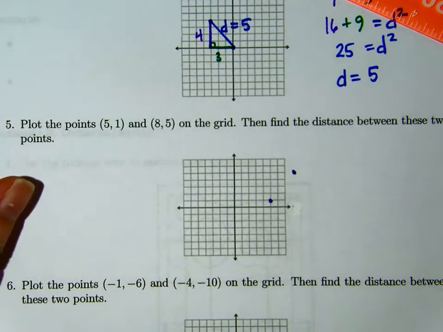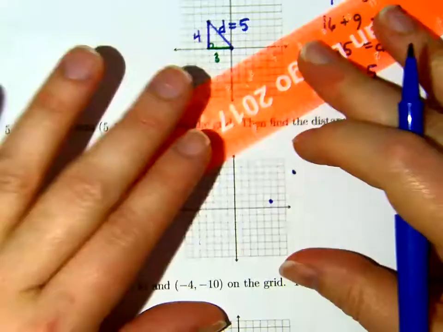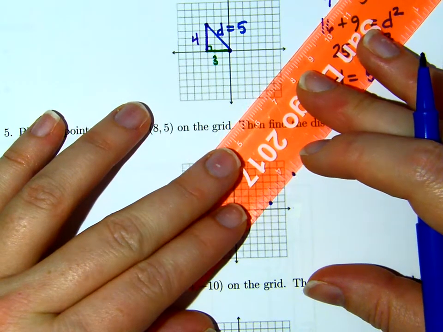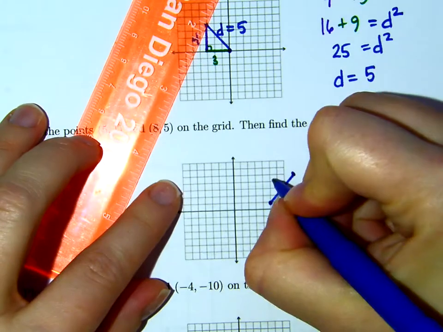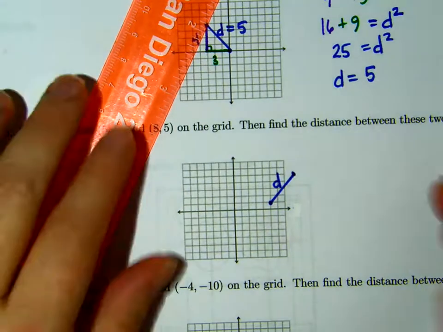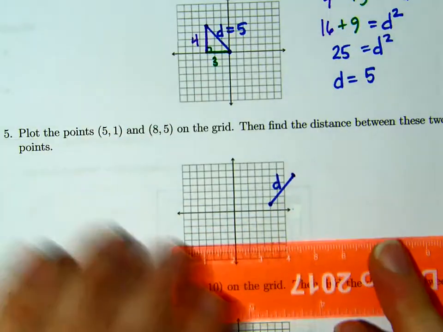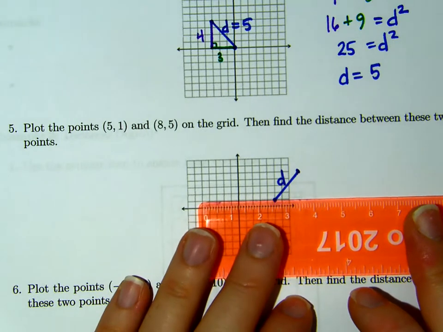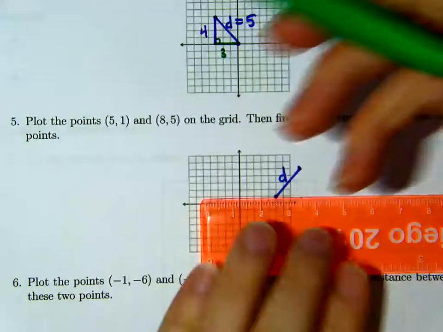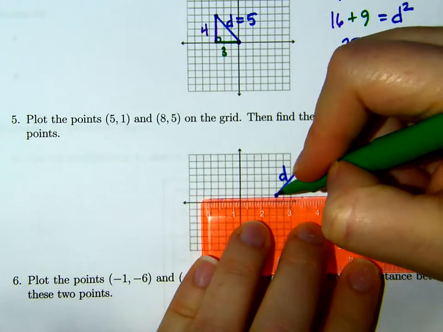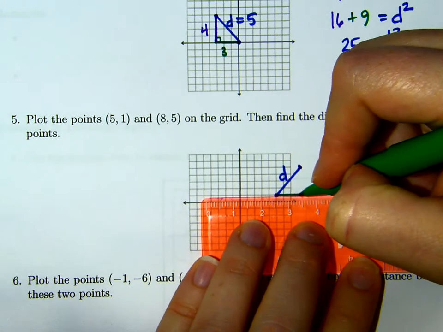And now our job is to find the distance between these two. Let's call it D for distance again. Okay, I'm going to go along this grid.